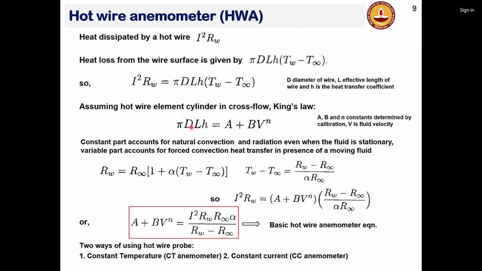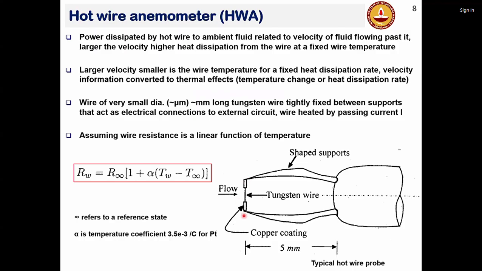There is a relation given by King, known as King's law. It is valid for a hot wire cylinder in cross flow. So this is a cross flow situation: the cylinder axis is in this direction, and flow is happening in this direction.